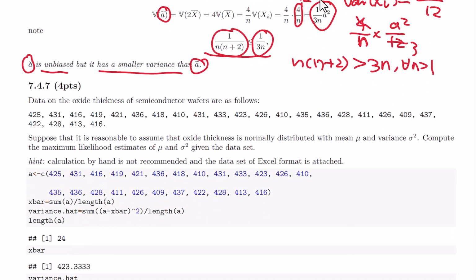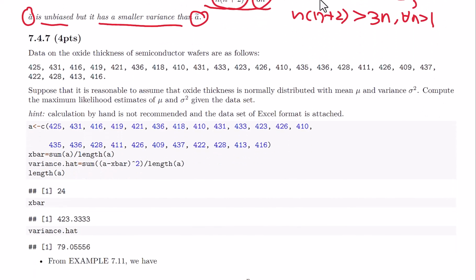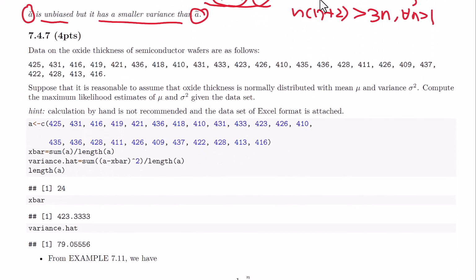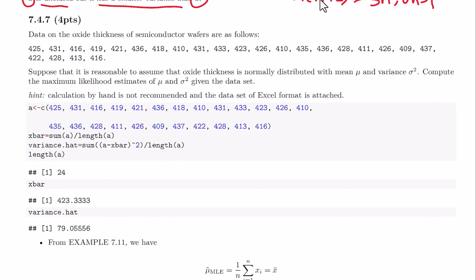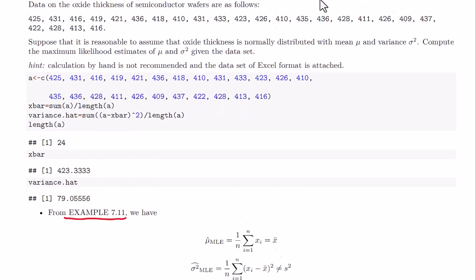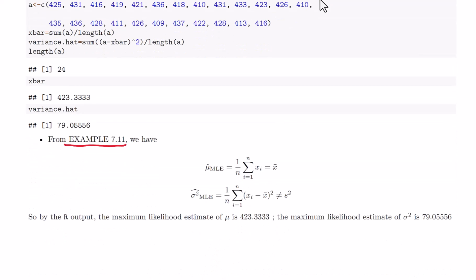All right, and for the last question, for example 7.11, we have these two results. The MLE for mu is the sample mean. The MLE for sigma squared is 1 over n times the squared deviation of xi from the mean.